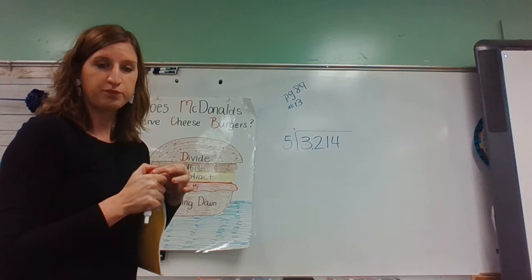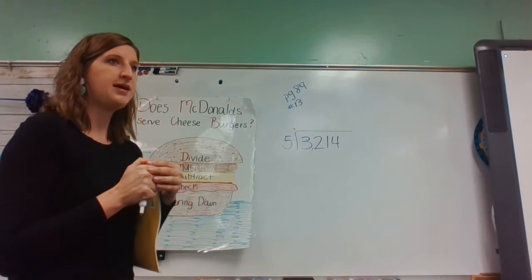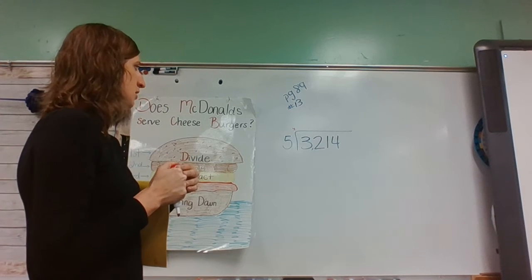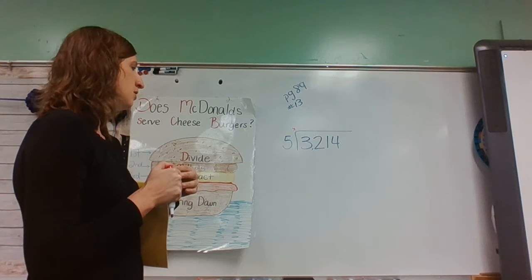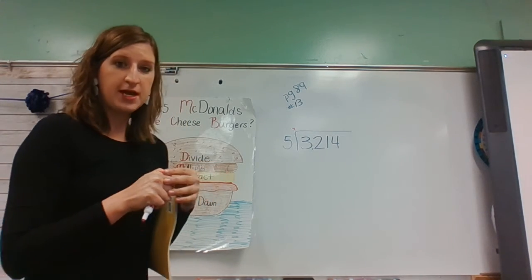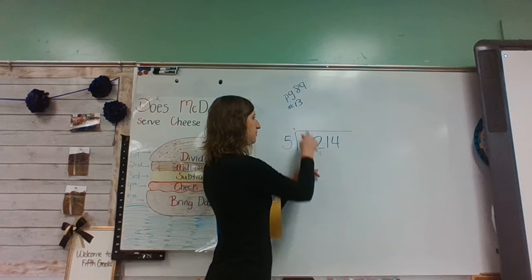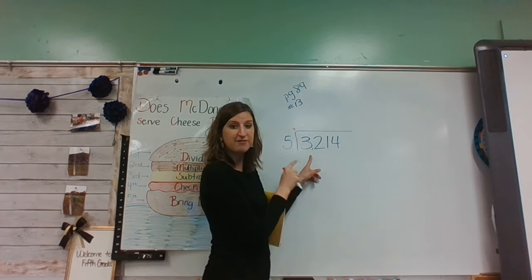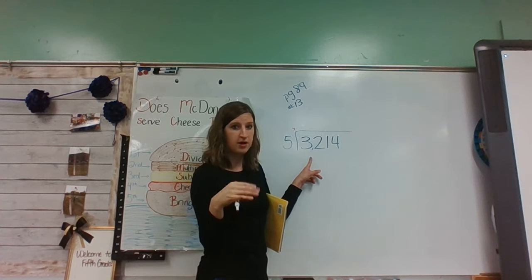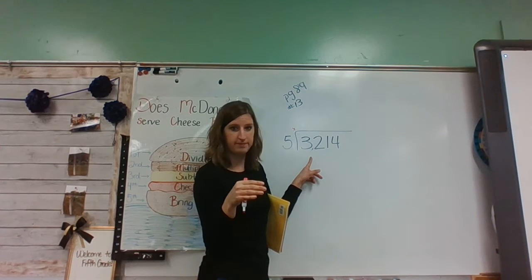I want you to think about that in your head for just a second. So if you chose over the 2, you are correct. The reason being is because if I put the 6 over the 3, then I'm saying that 5 goes into 3 6 times. And that is not true, right? 5 times 6 is not 3.